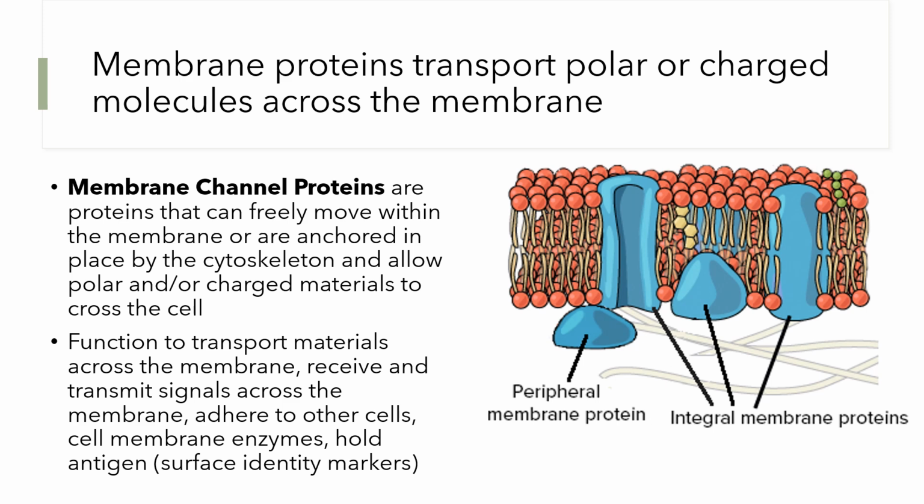That's probably the easiest way. And their job is often to transport polar or charged molecules across the membrane. And these proteins are often very specific. They'll transport just positively charged ions, or just glucose, or just some other protein. So we get very specific channels for these larger or polar molecules.